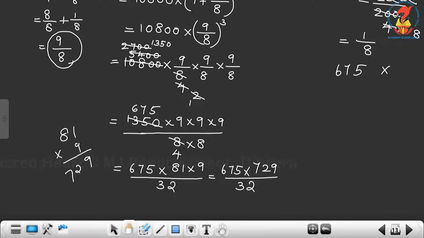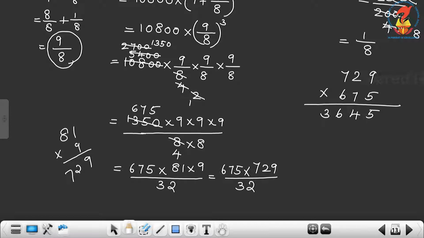675 into 729. So bigger number we can write first. So 729 into 675. So 9 5s are 45, 4 so 10, 36.